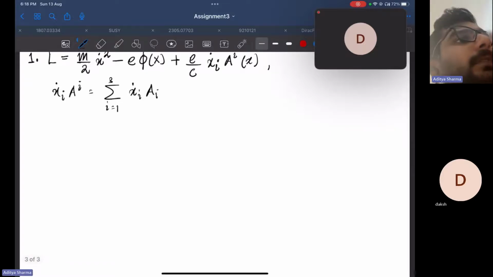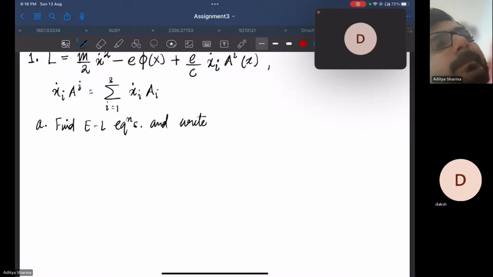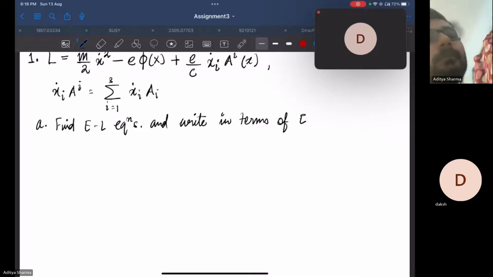The first thing to do is find the Euler-Lagrange equations and write them in terms of electric field and magnetic field.